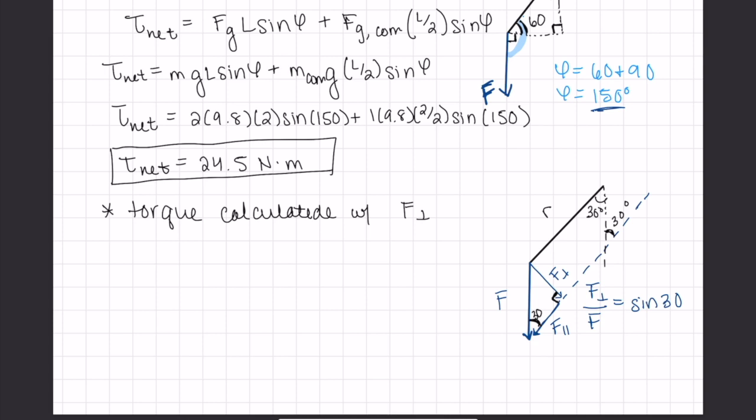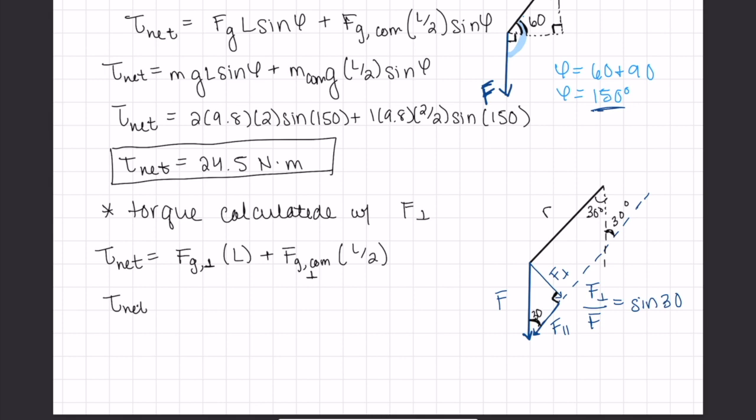But, okay, so let me first rewrite our T-net equation now just in terms of the perpendicular components. So for tau g, we're going to have FG perpendicular times our distance again, which is L, and then we'll have FG center of mass perpendicular L over 2.